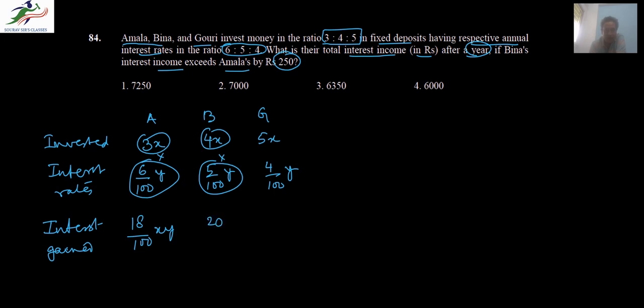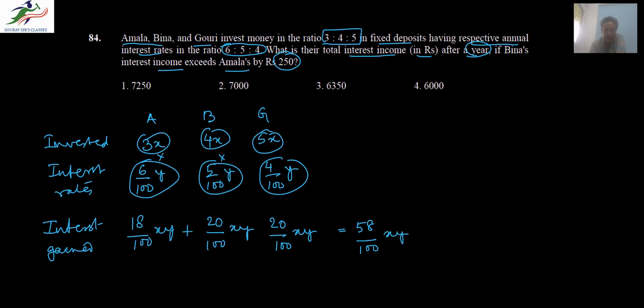So that is 20 by 100 xy. And similarly, Gauri would have gained 5x into 4 by 100 y, which is again 20 by 100 xy. So the total interest comes out to be 58 by 100 xy.